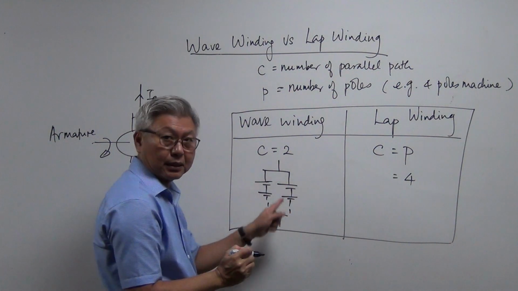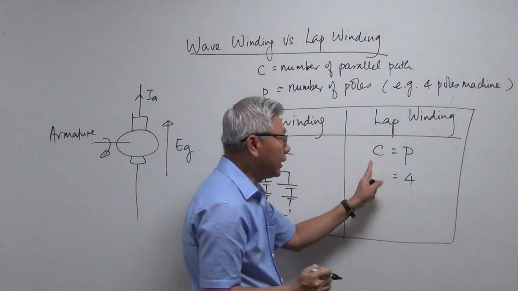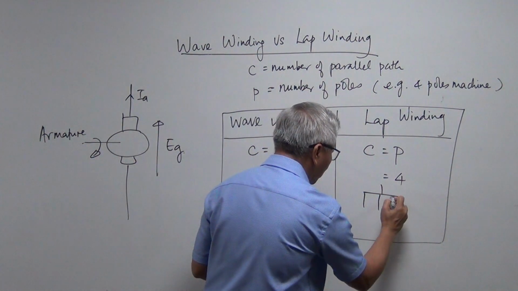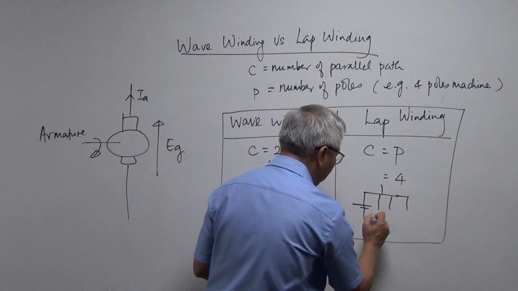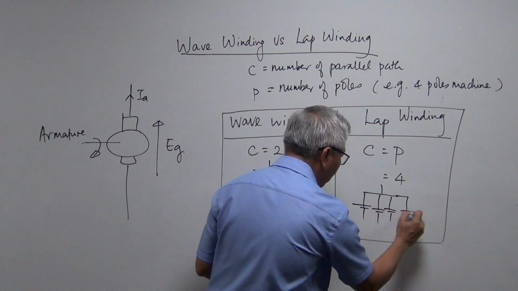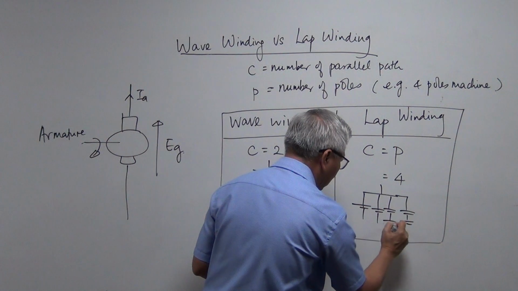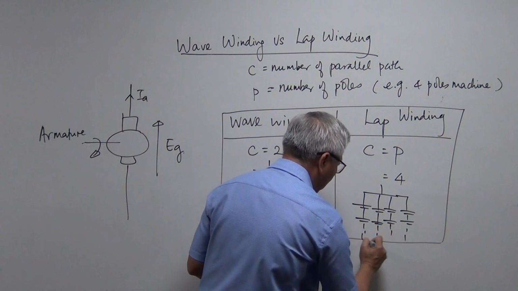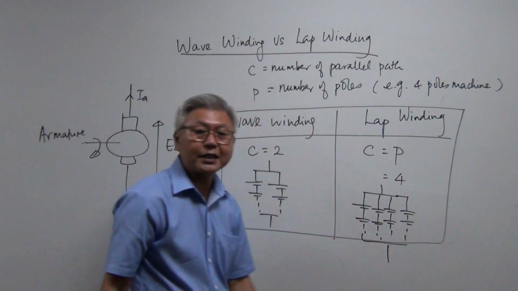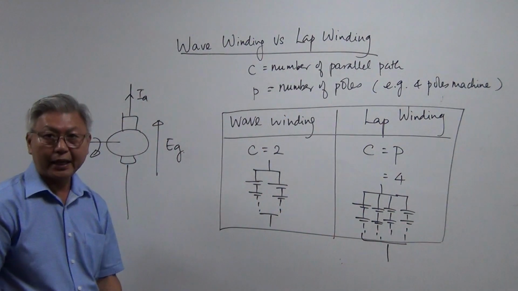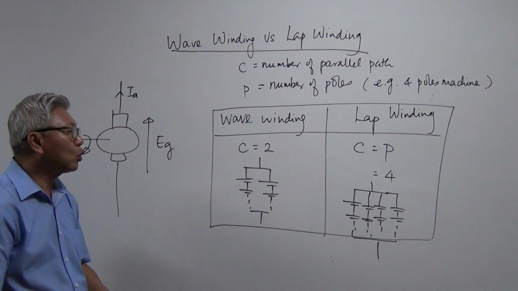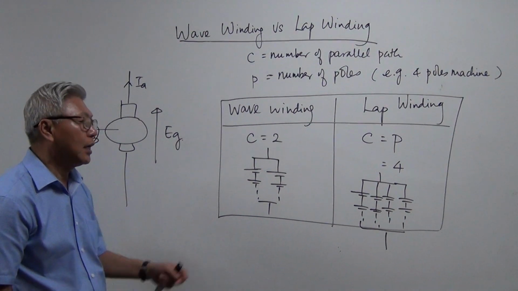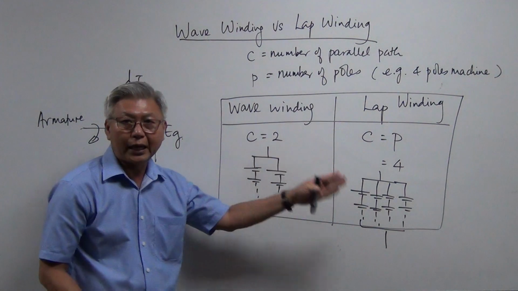And if it's lap winding in a 4-pole machine, then I would have 4 paths: 1, 2, 3, 4. So 4 paths. That's the meaning of wave winding and lap winding. Okay, let's go through a simple calculation to illustrate the difference between wave winding and lap winding.